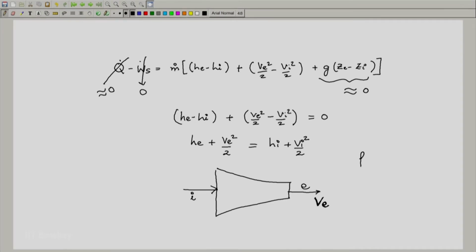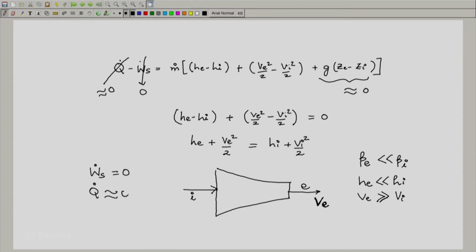So, for this, P e is much less than P i, that is the exit pressure is less than the inlet pressure, h e is less than h i, and V e is definitely much greater than V i, and we have assumed of course that W dot s is equal to 0 and it is reasonably adiabatic.